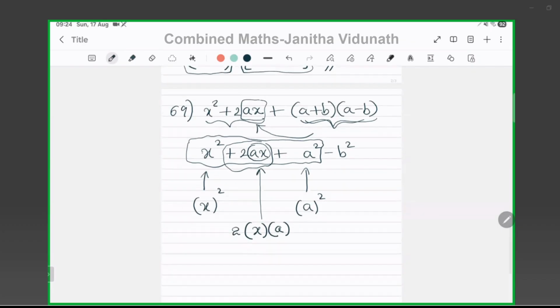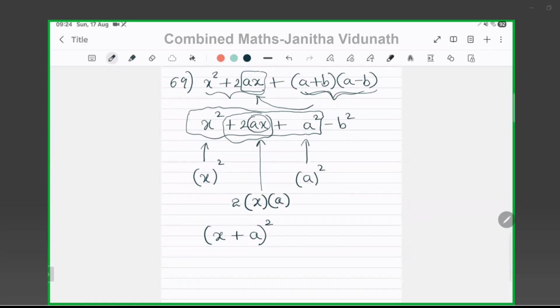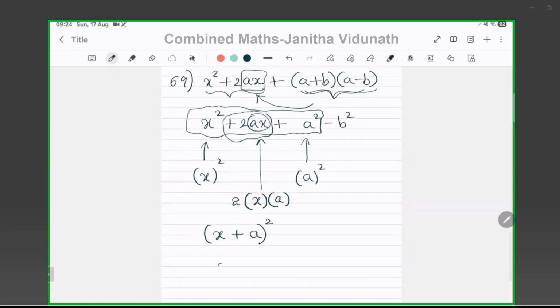Then we can simply rewrite this as first term plus second term whole square. Then we can rewrite this as x plus a whole square, and here the remaining term is minus b square.